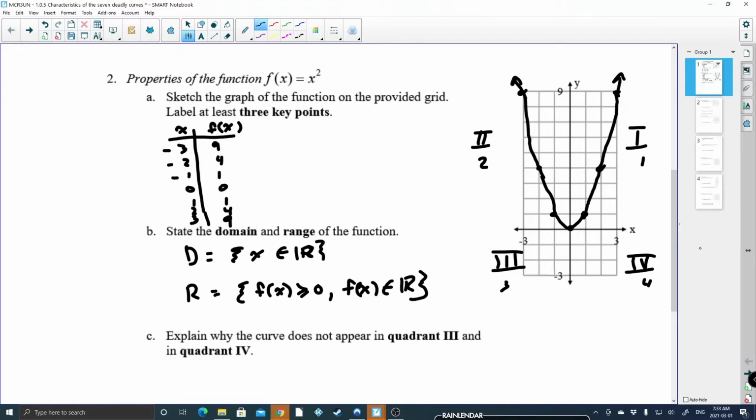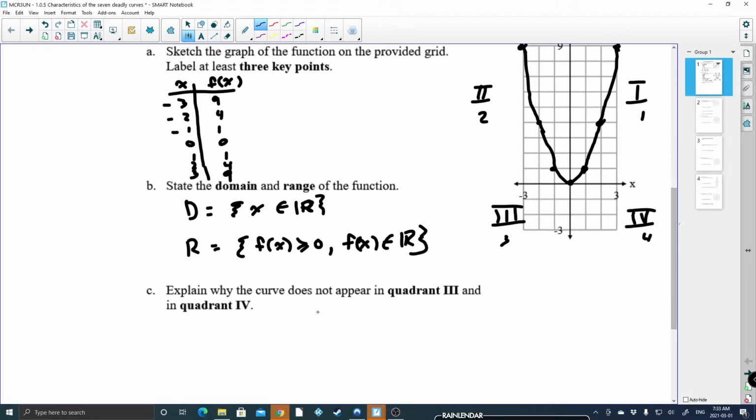So the reason why the curve doesn't appear there, I'm hoping, is pretty clear. It's because f of x, which is your y values, are equal to x squared. You can't have negative numbers when you square any number.